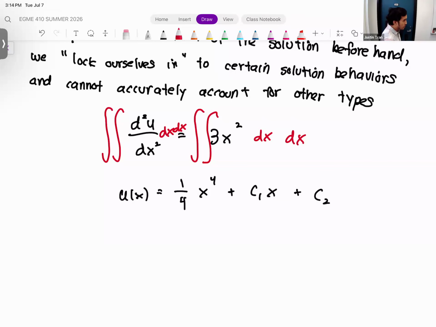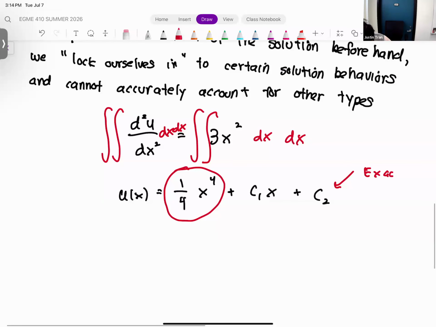Now, the term I want to draw your attention to is this one right here, the first term in our solution. By the way, this equation here, 1/4 x to the fourth plus c1x plus c2, we obtained by solving our equation directly. So this right here is what I would call our exact solution.